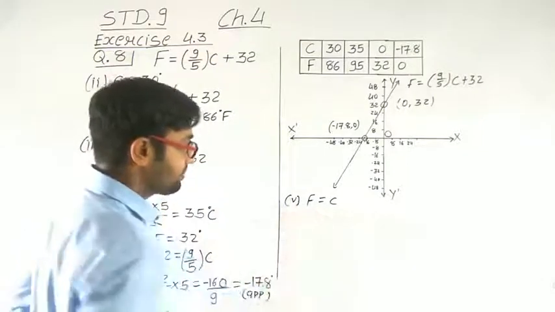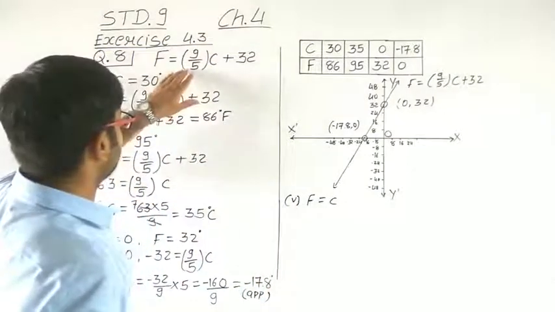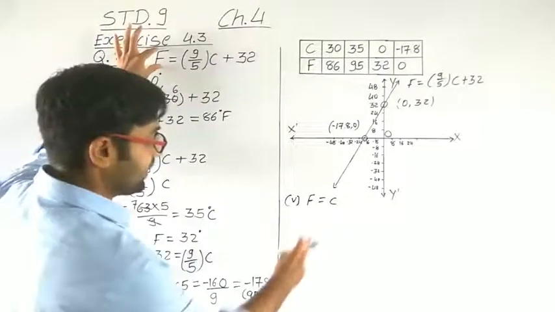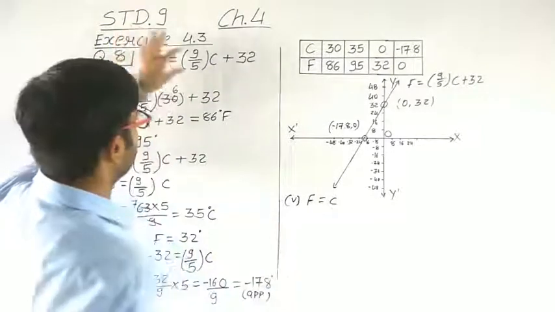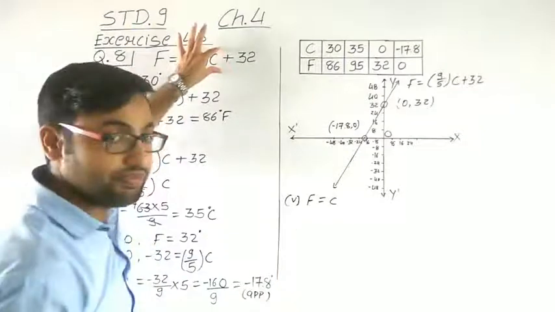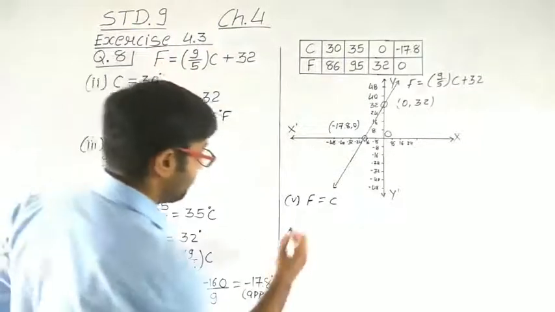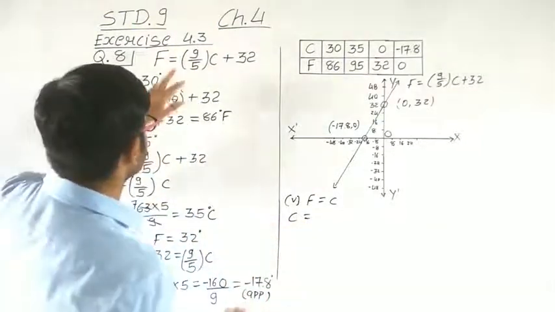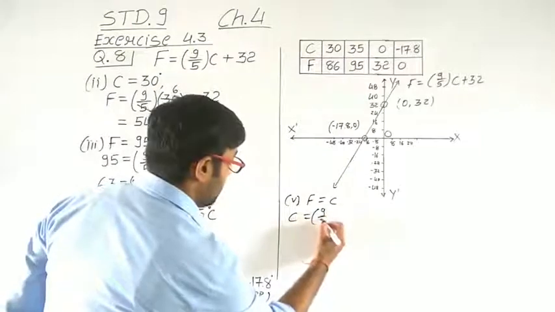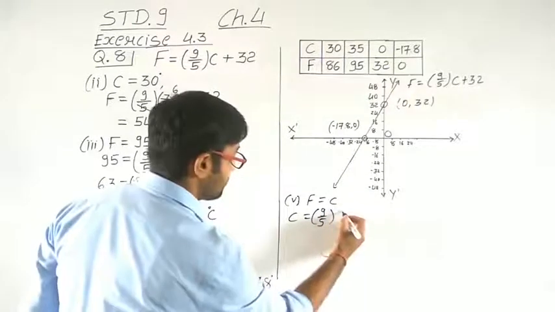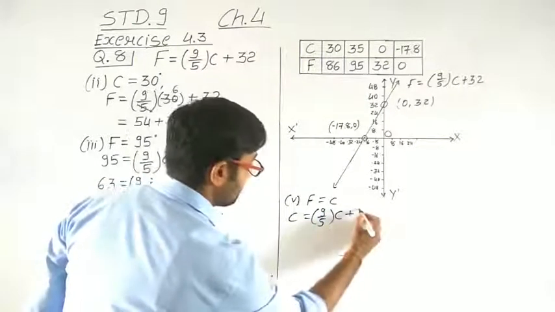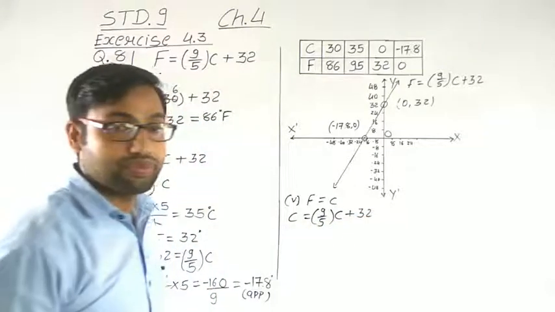What is the value of F? F, that is the value of C. So in this linear equation, in place of F we can put C, or in place of C we can put F. So let us put C here. So we get C is equal to 9/5 into C plus 32. Right?